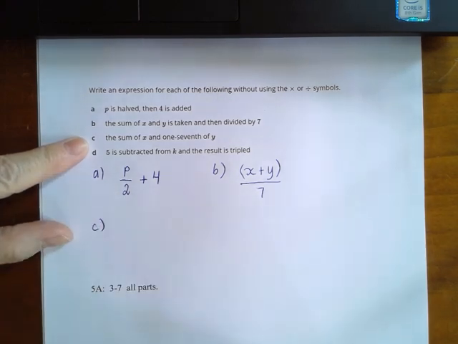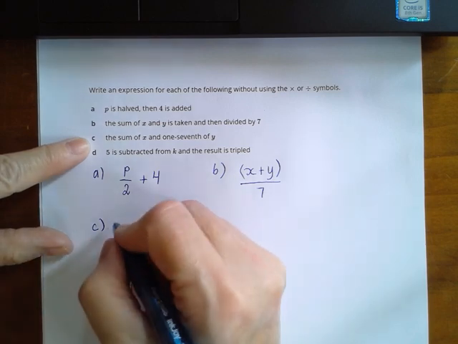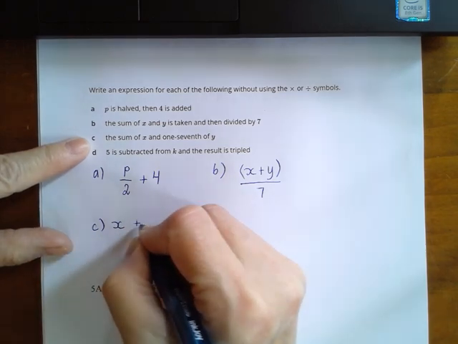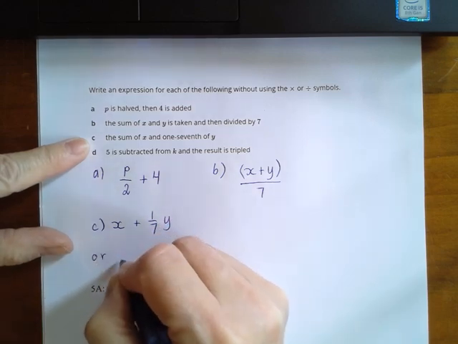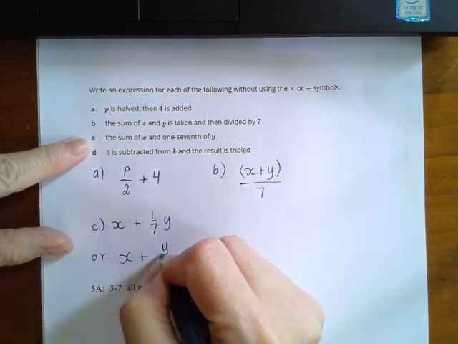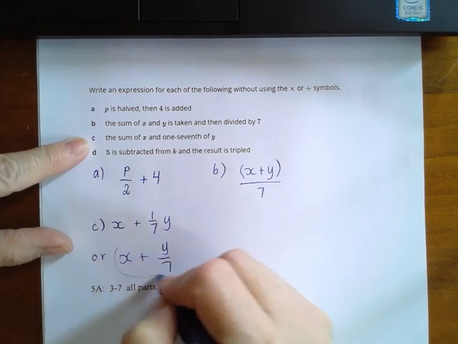The sum of x and 1/7 of y. Or I could write this as either one of these, this one or this one.